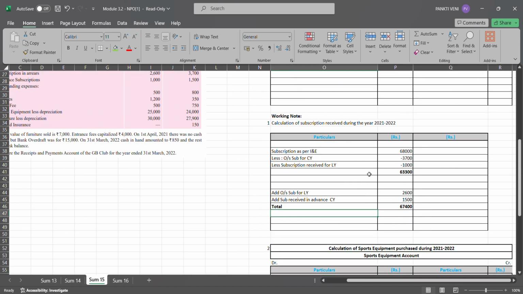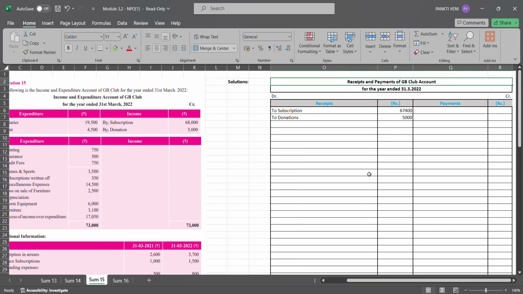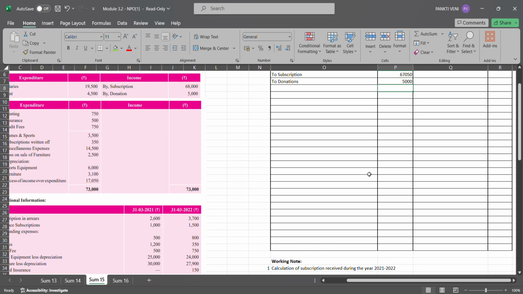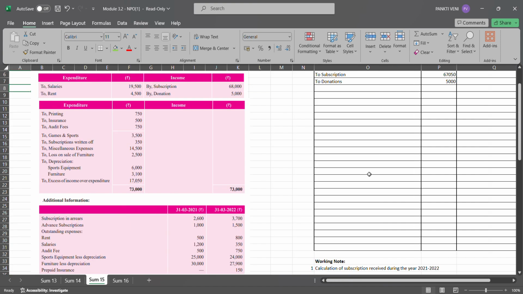So if I note it down here, less subscription written off minus 350, I'll get 67,075. So instead of 67,000, I'm supposed to take 67,050. This way you are supposed to go for your posting. Then this part is done, the income part is done.